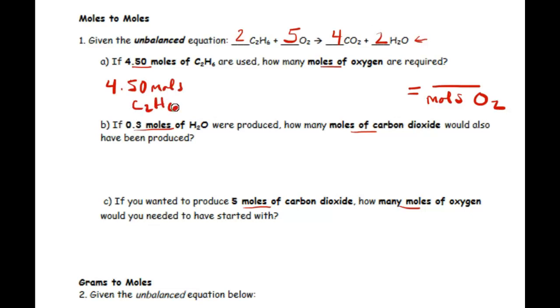What we need to do is convert from this to this one. So it's 2 to 5 is the ratio. Since we're converting from moles to moles, we don't have to go through grams, which is super, super nice.